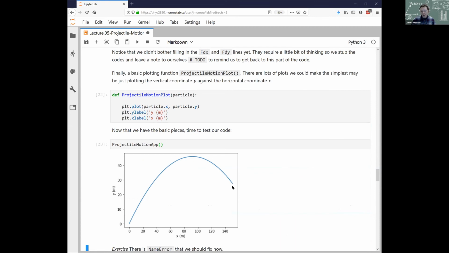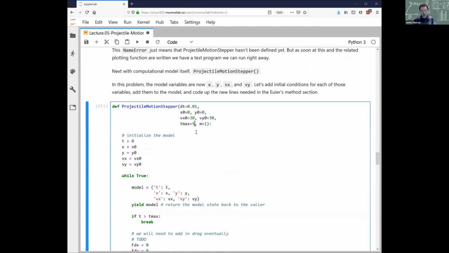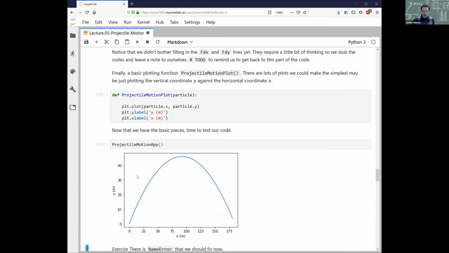And of course, I wanted to touch the ground, so I have to run the program for longer. The issue here is I'm stopping the program whenever Tmax equals 5. Let's run it to Tmax equals 6. And so now you can see you get this stereotypical plot, which is what we're expecting.